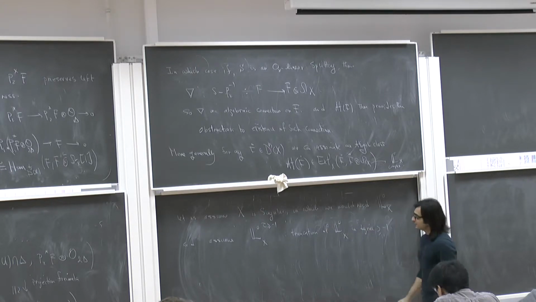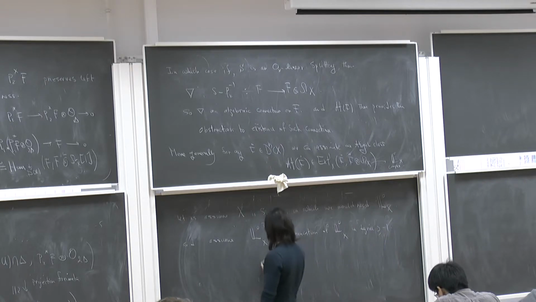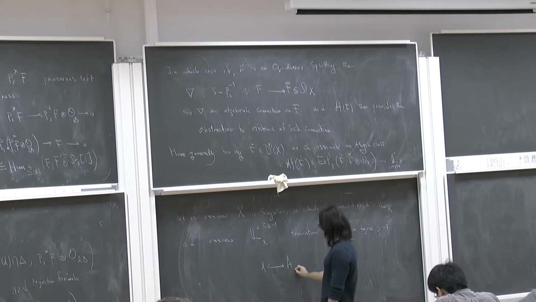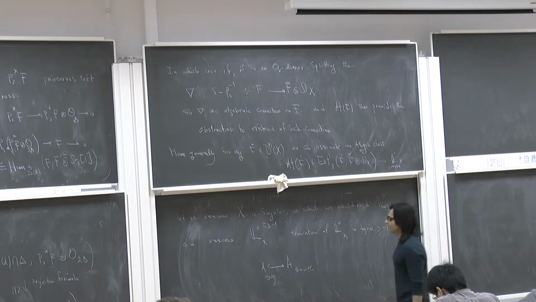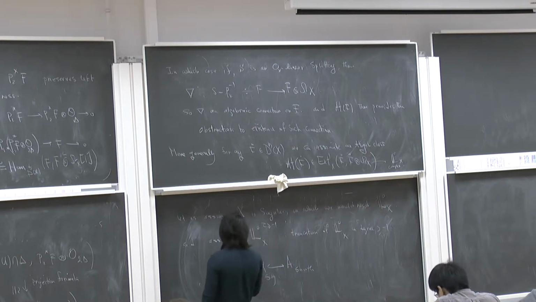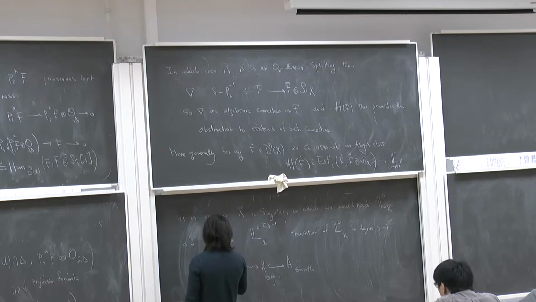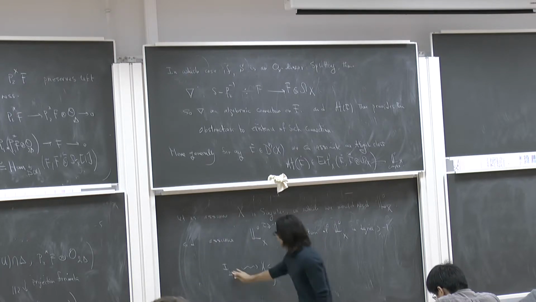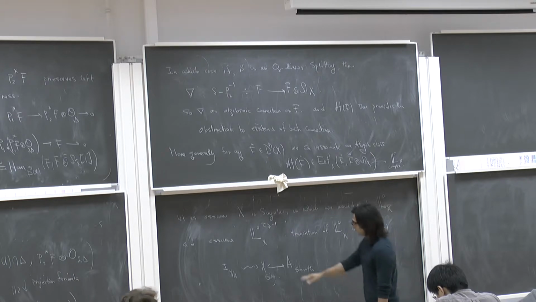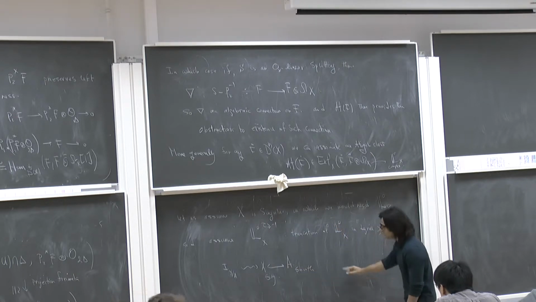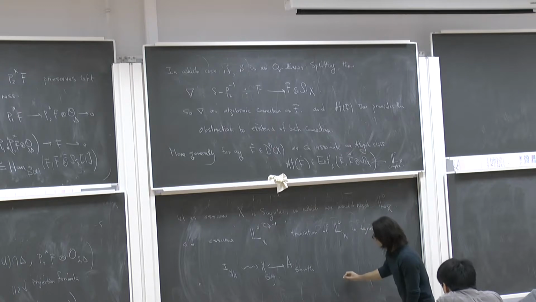So what that means is that if you have a singular variety X, you can embed it inside some ambient smooth variety A. So this is smooth, and this is singular. And from this embedding, let's say you have the ideal sheaf of your embedding, the ideal sheaf I of X inside A. And then your cotangent complex basically has a resolution which is given this way.